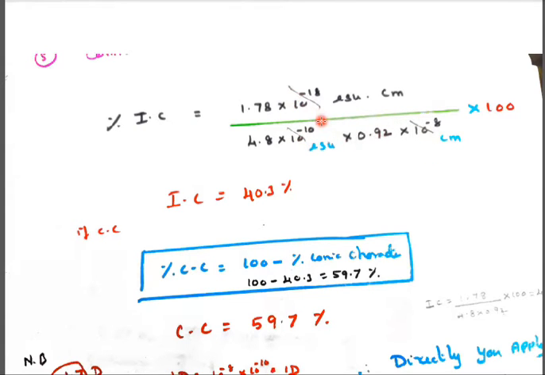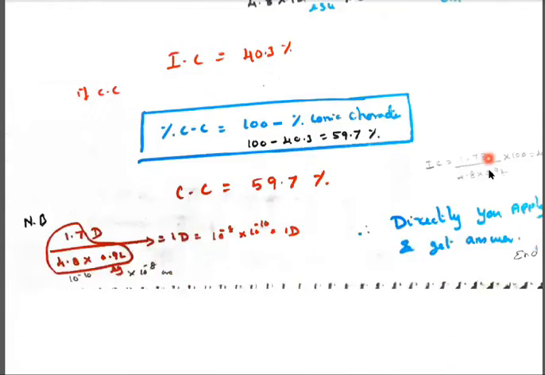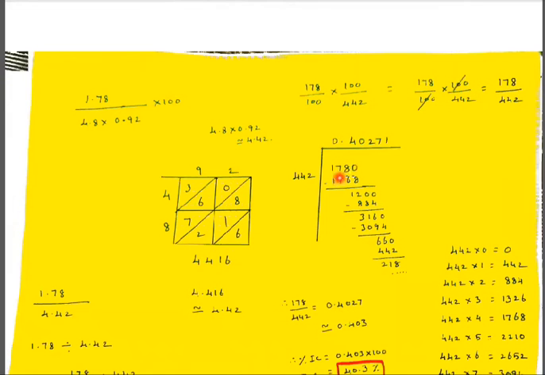Both cancel. So we have 1.78 in the numerator, and in the denominator 4.8 into 0.92, into 100 for the percentage.